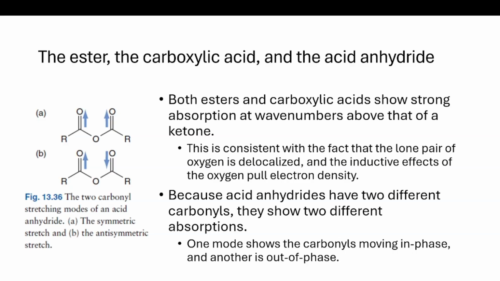Now, with acid anhydrides, we have two different carbonyls, meaning that we're going to get two different absorptions. If we look at the stretching modes of an acid anhydride, we get one mode where the carbonyls are moving in phase, or just together, and another where they move out of phase.